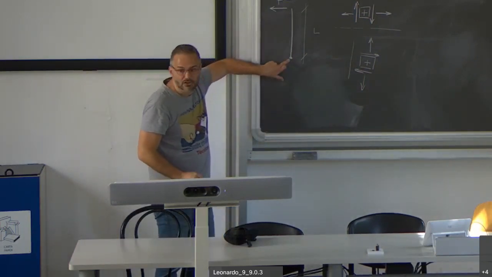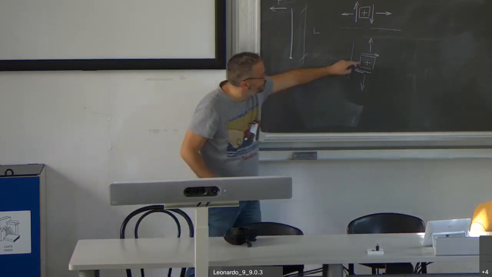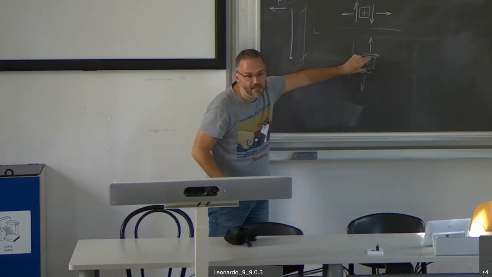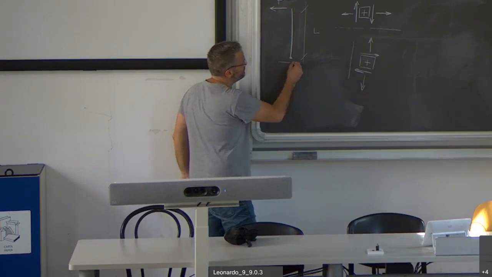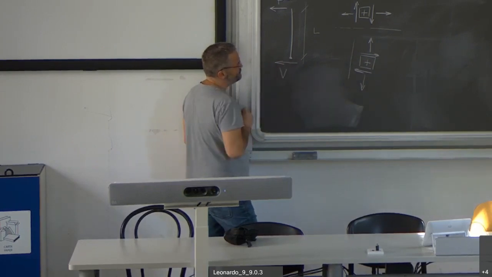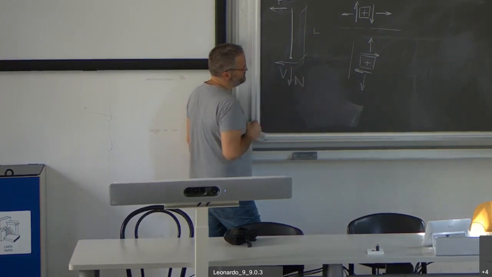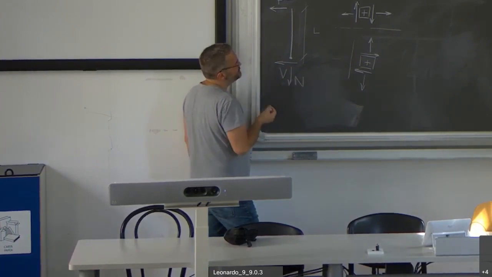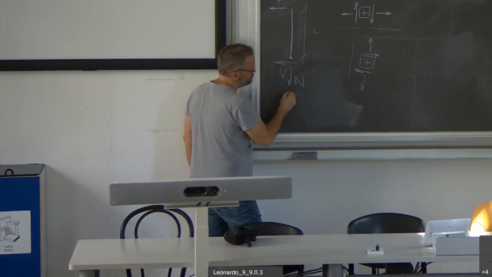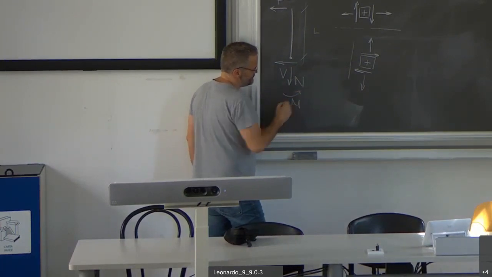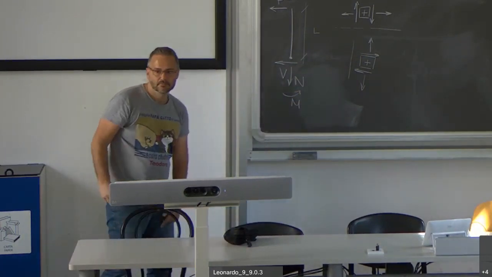If I'm at the bottom of the member, I am looking at the bottom face of the element. So, this is the shear force V. This is the axial force N. And the bending moment, I will fix it like this, M. Okay?